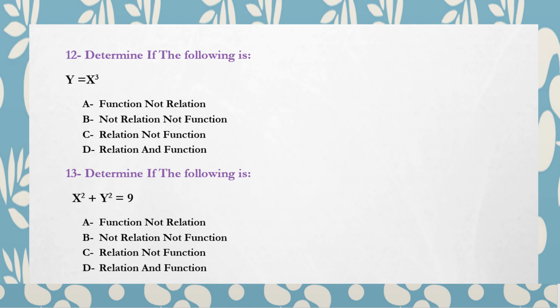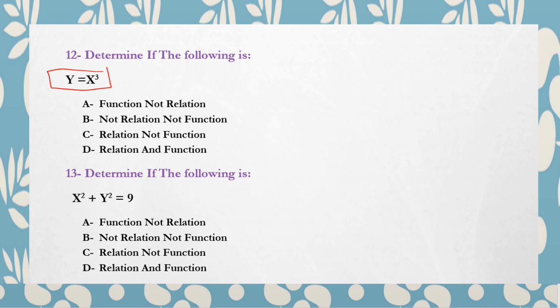Question 12. Determine if the following is a function or not. This form here is the third form of the relation, which is an equation. We just mentioned two types of relation, which are correspondence and ordered pairs. This is the third form of the relation, which is an equation.